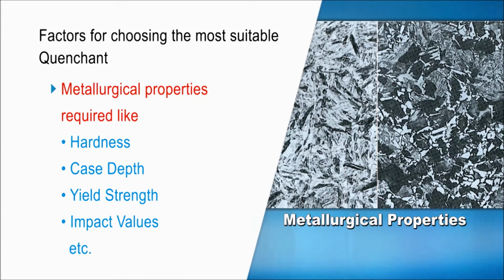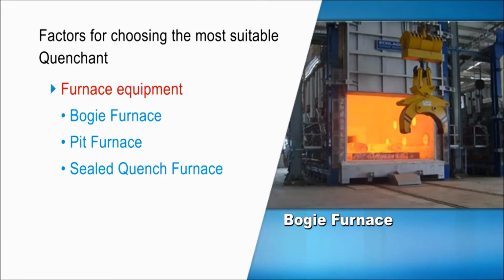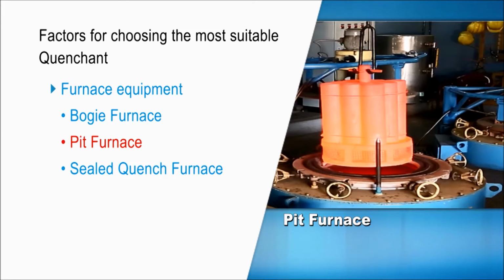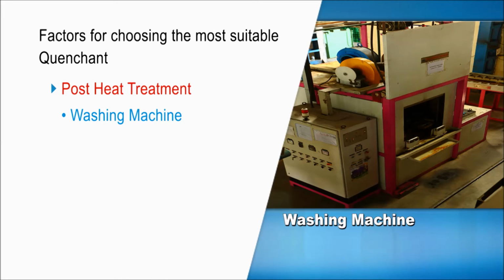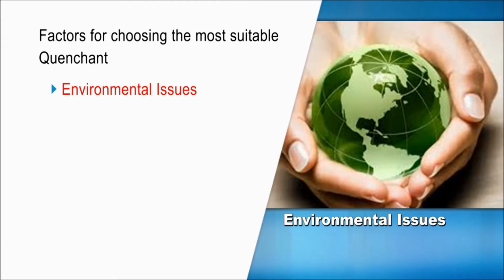Metallurgical properties required like hardness, case depth, yield strength, impact values, etc. Furnace equipment: Bogie Furnace, Pit Furnace and Sealed Quench Furnace. Post-treatment: Washing machine. Environmental issues.